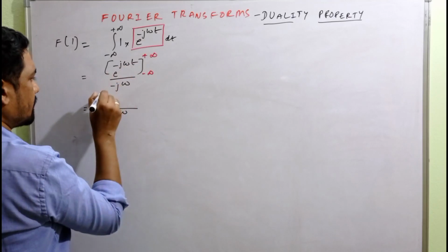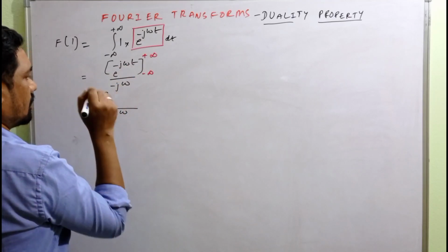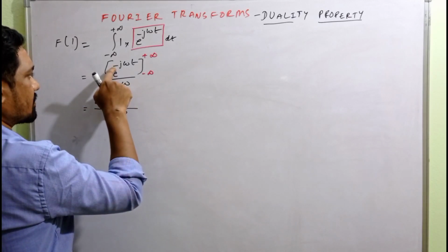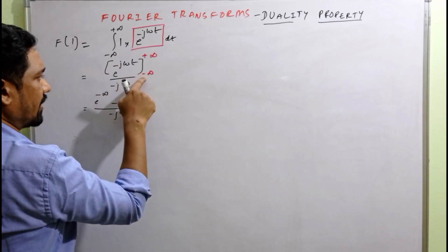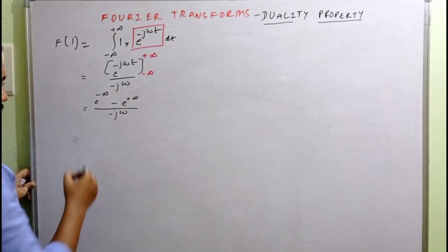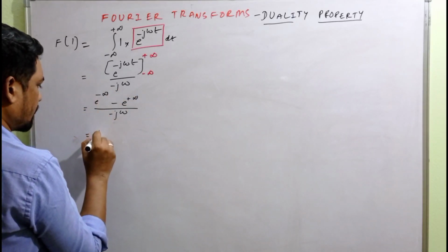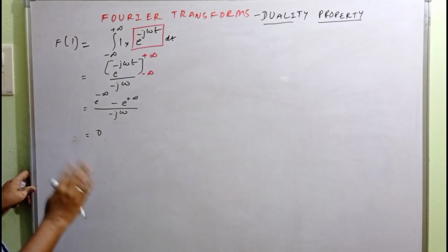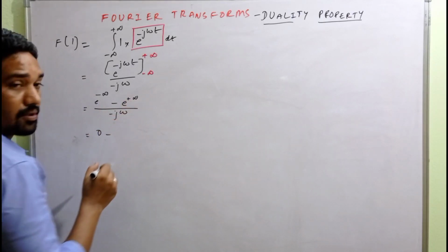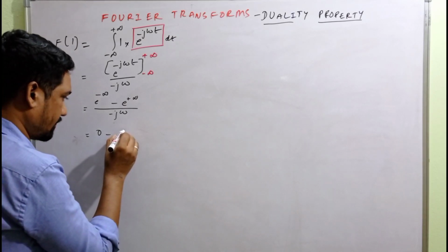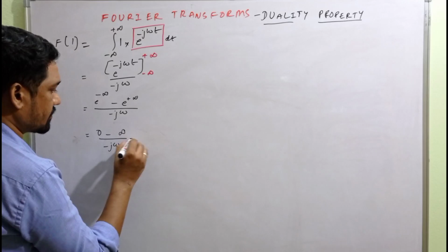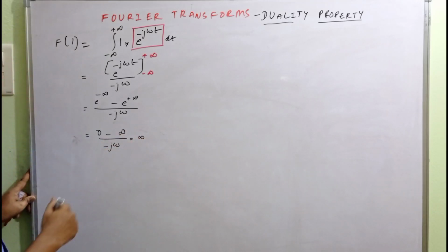The lower limit is minus of e raised to minus into minus infinity, that gives us positive infinity. So e raised to negative infinity is 0, but the problem is with minus of e raised to infinity, it should be infinity, right? It's not converging.